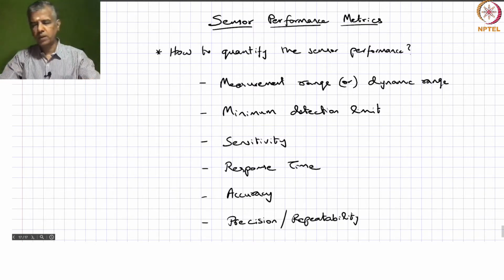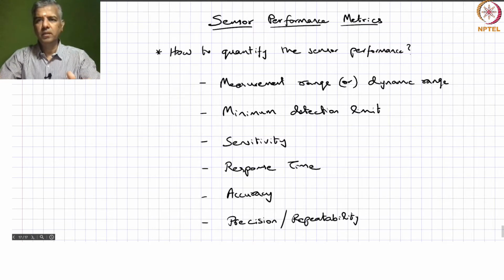right, and so on. And of course there are other things like the linearity of the sensor, and if there are any hysteresis effects and so on. So there could be other parameters also, but you'd find that those are not very common.